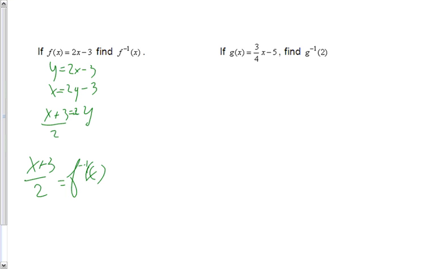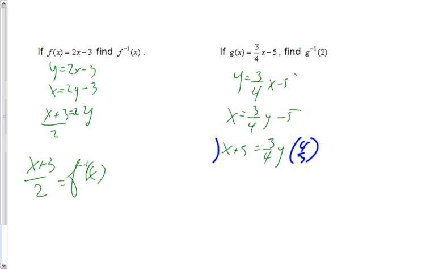All right. Over here it says, not only does it want the inverse, but it wants the inverse evaluated at 2. Well, we can do this by just simply making this y equals 3/4 x minus 5, swapping, x equals 3/4 y minus 5, add 5, x plus 5 equals 3/4 y, and then we multiply everything by 4/3.